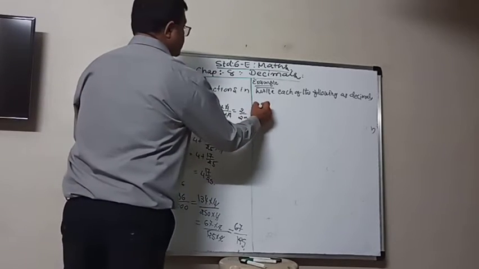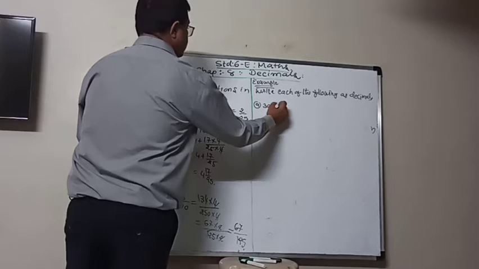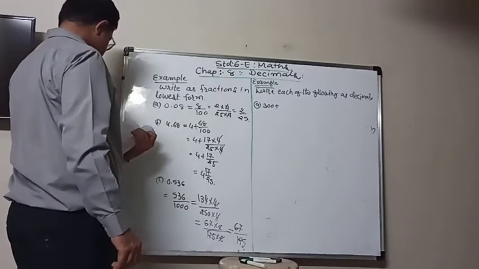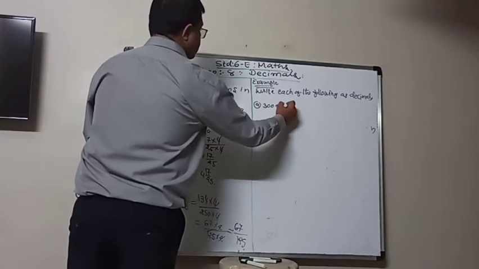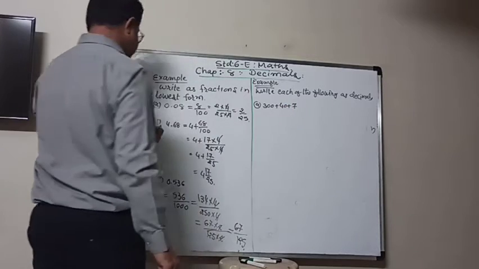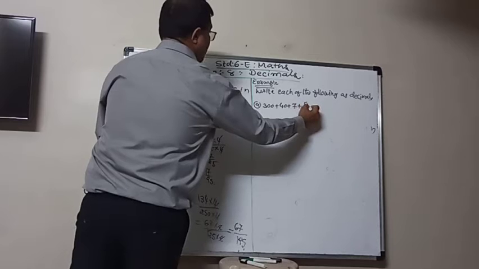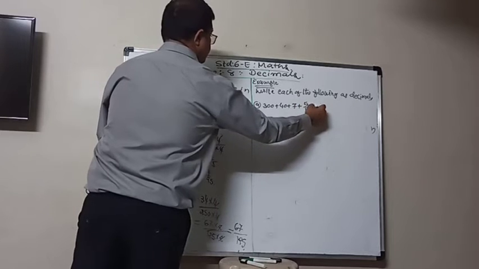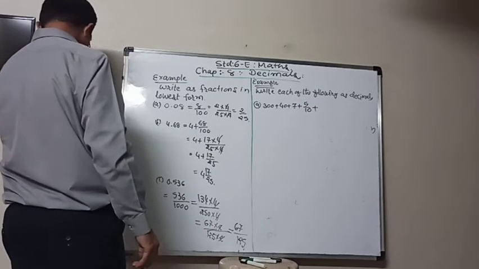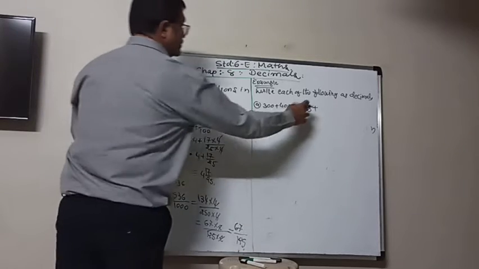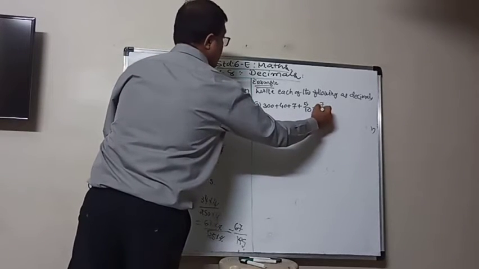First one is 300 plus 40 plus 7 plus 5 tenth and plus 9 plus 7 hundredth.